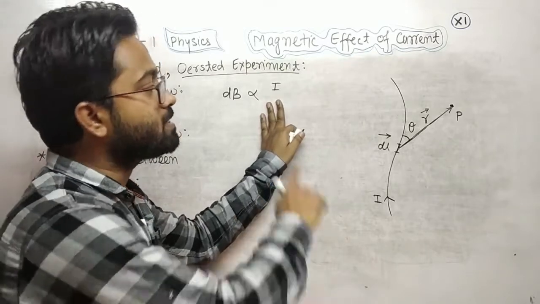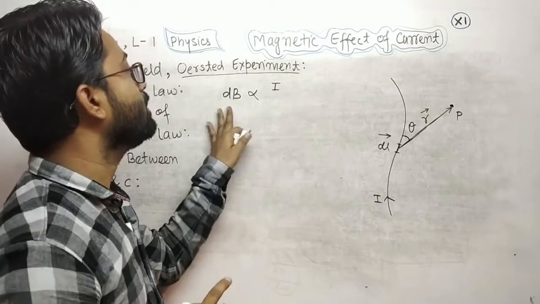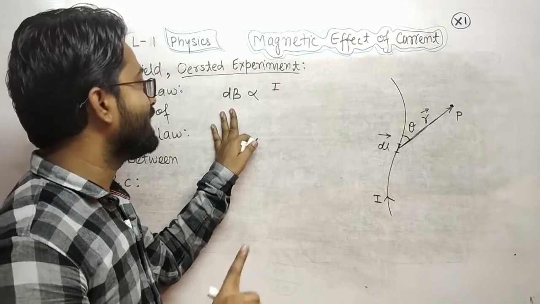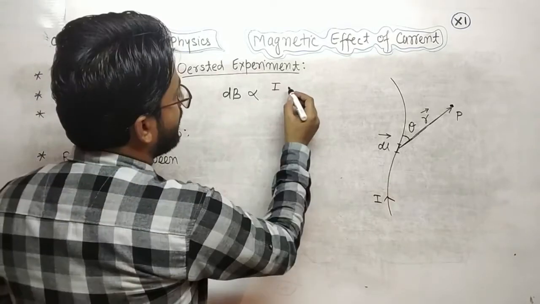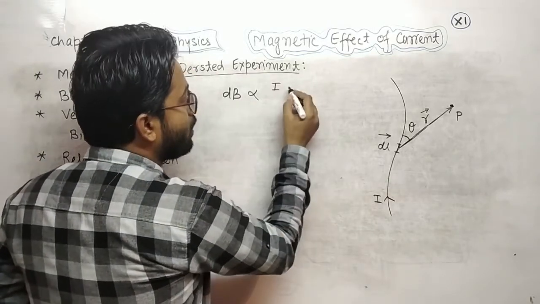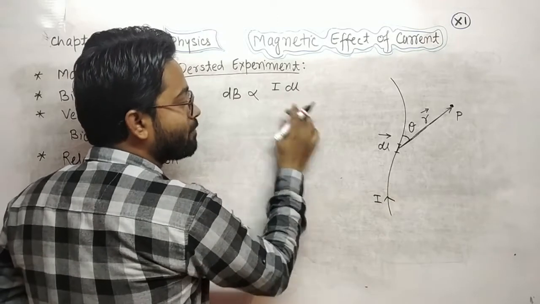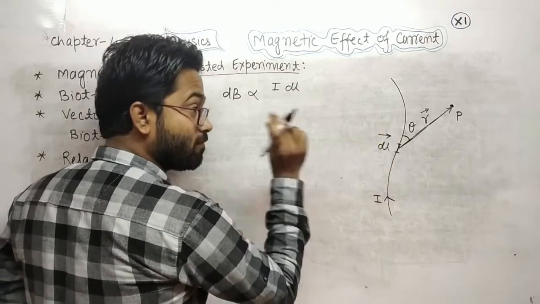That means if we increase the amount of current, magnetic field will increase linearly. Magnetic field is also directly proportional to the length of that element.